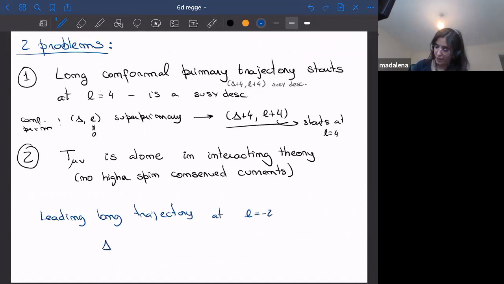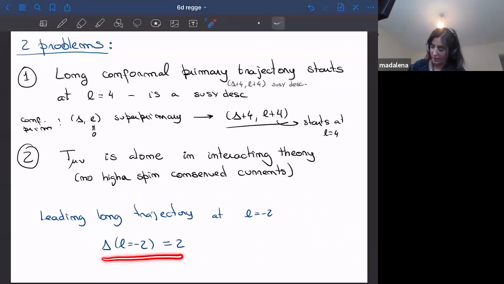And then it should capture the stress tensor, such that if this is a super primary trajectory at spin -2, it has dimension 2. There's a descendant that at spin -2 has spin 2. That's the stress tensor, and it has dimension 4. Sorry, dimension 6, which is the dimension of the stress tensor in 6D.